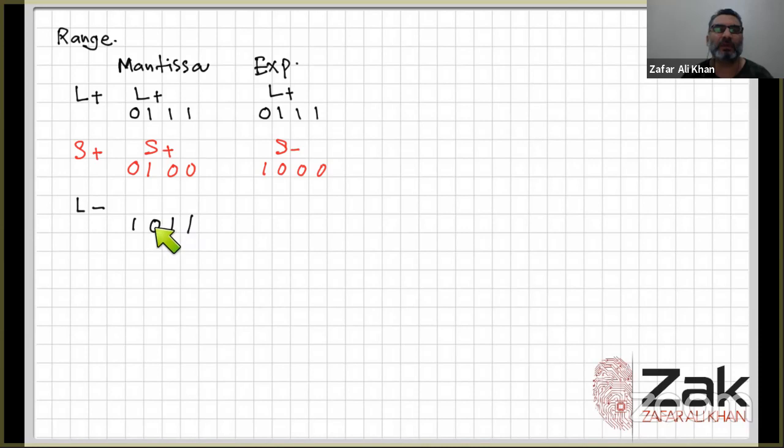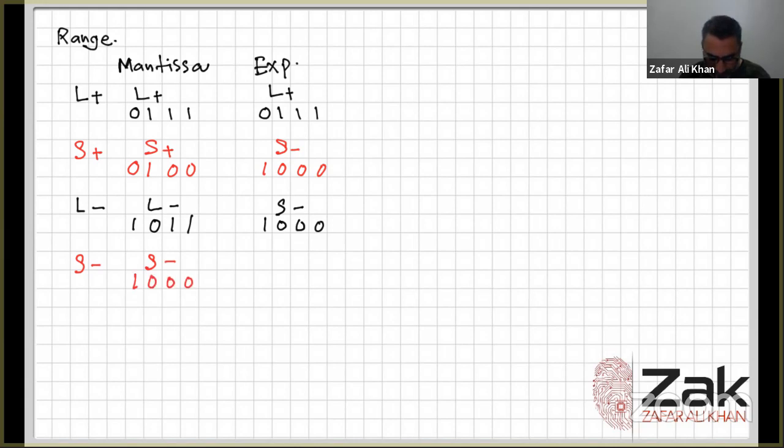So we put by force a 0 there to make it normalized. And then we have the smallest negative over here. So this is the largest negative number that we can save, meaning the smallest magnitude negative number that we can save. So remember, these two values are roughly normalized. Then we have the smallest negative.